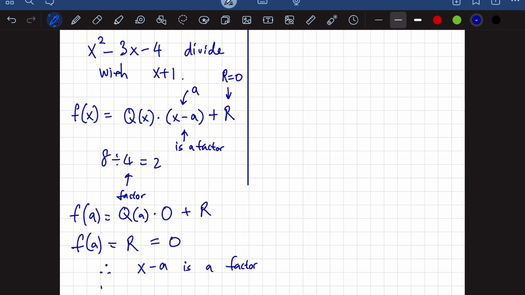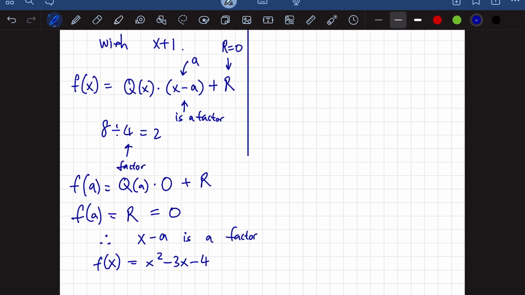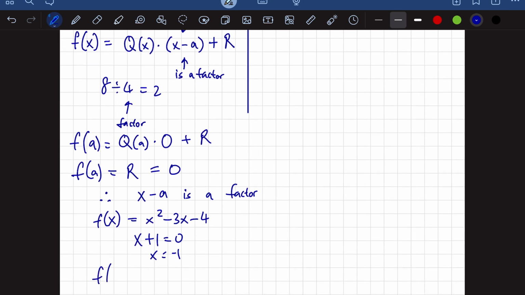Now we're going to try that for this example. We're going to let f(x) equal x squared minus 3x minus 4, and we're going to replace x with minus 1. We're going to sub that in and see what happens. So this will be (negative 1) squared minus 3 times (minus 1) minus 4.